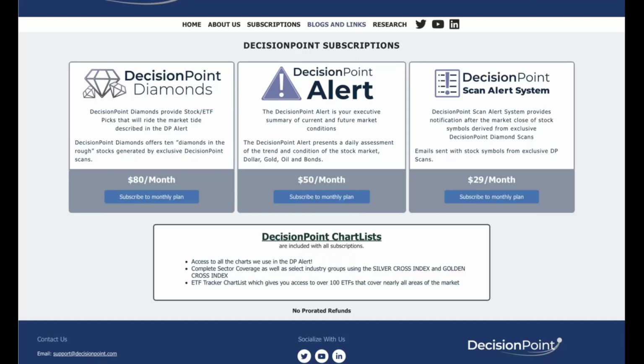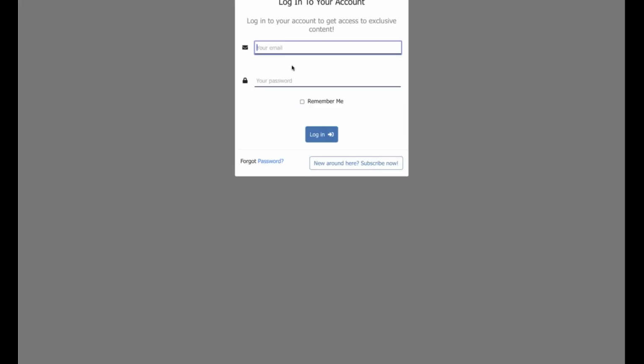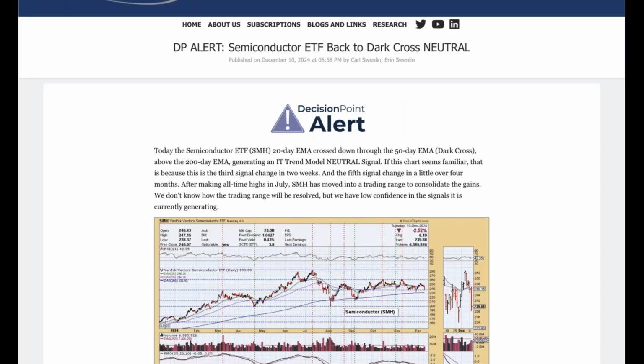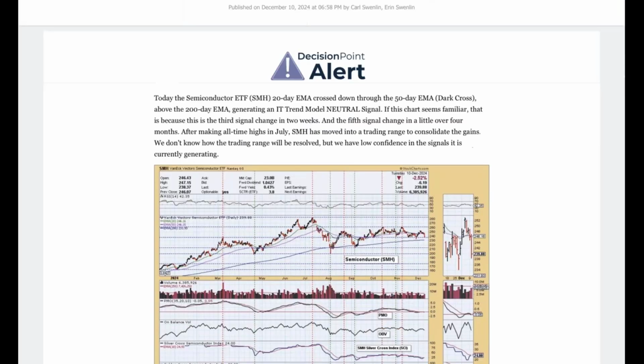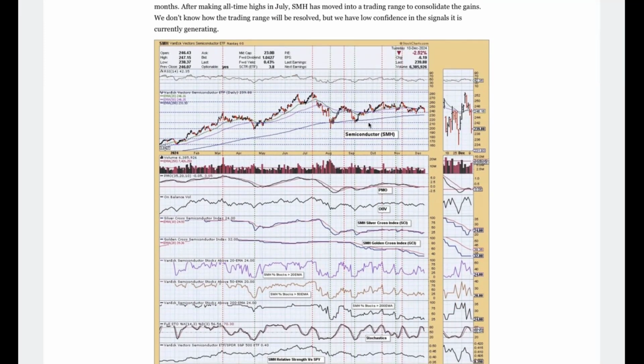Let's go ahead and look quickly at a few of the charts from yesterday's DP Alert. All right, so we talked about the semiconductors. We had a signal change. The 20-day EMA dropped beneath the 50-day EMA. We've had so many signal changes with the 20 and 50-day EMA and the 50 and 200-day EMA, and we're getting price moving sideways.